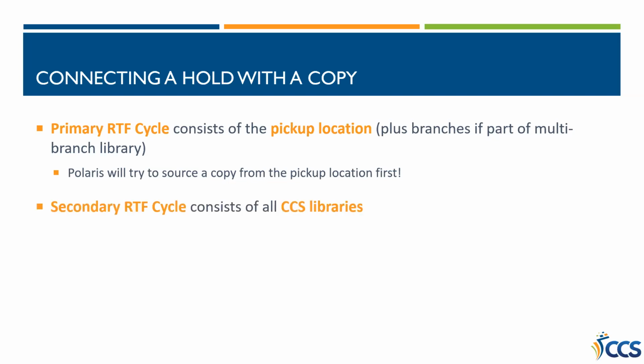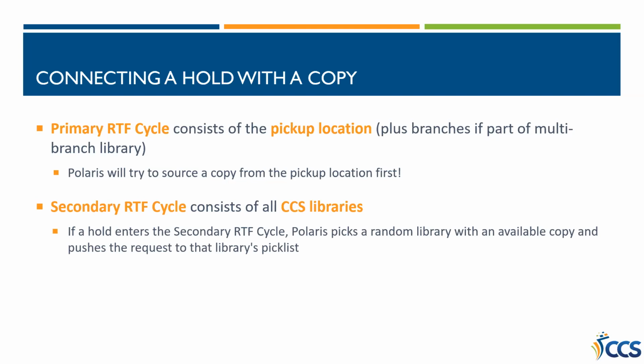The secondary RTF cycle includes all CCS libraries. So if the pickup location does not have a copy available, Polaris is going to expand and see what other libraries they can source a copy from. When it enters the secondary cycle, in order to spread the pick list love, Polaris will select a random available copy from that list, and it pushes the hold to that library's pick list.